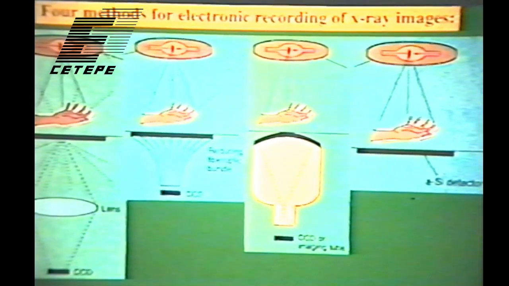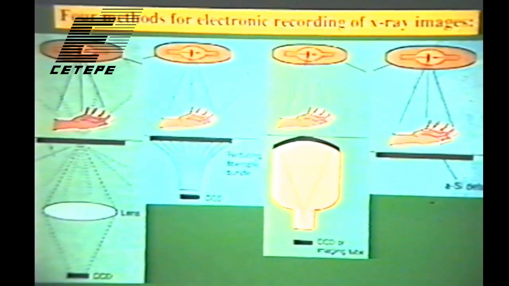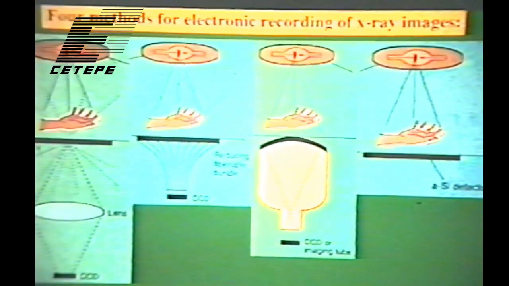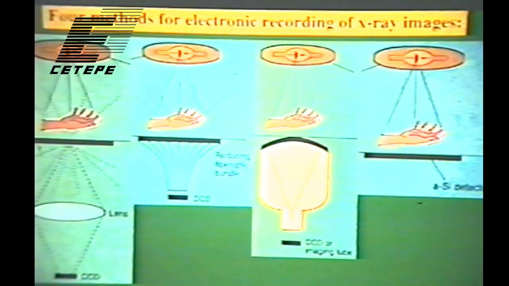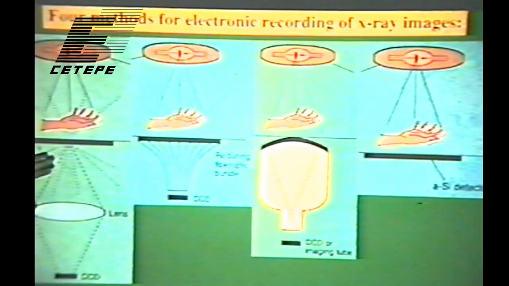So this shows almost exactly the detectors we've been talking about, except there's a new one in here. This is just like the image intensifier arrangement we talked about, except there's no image intensifier.